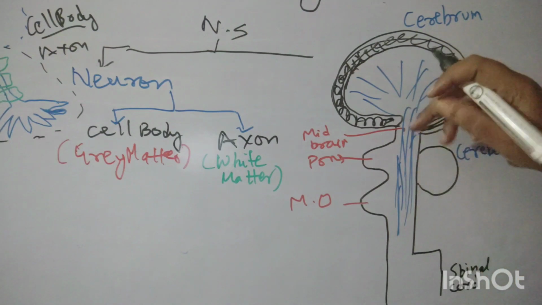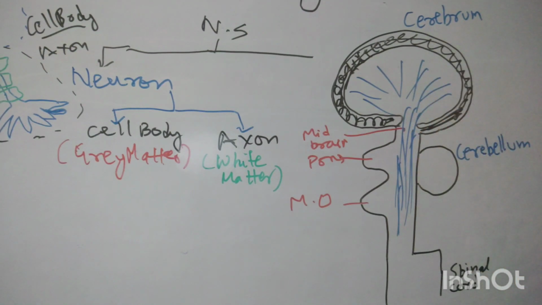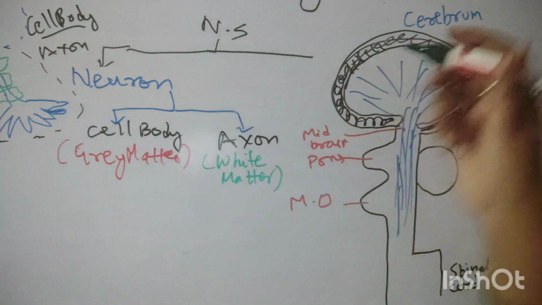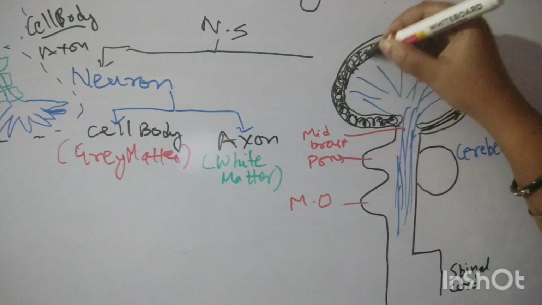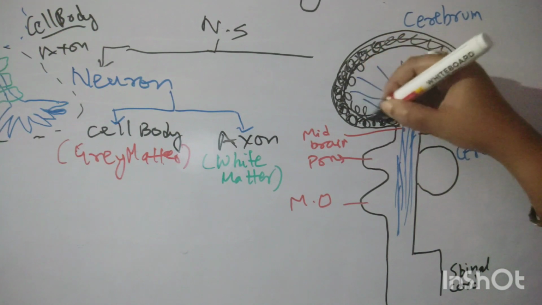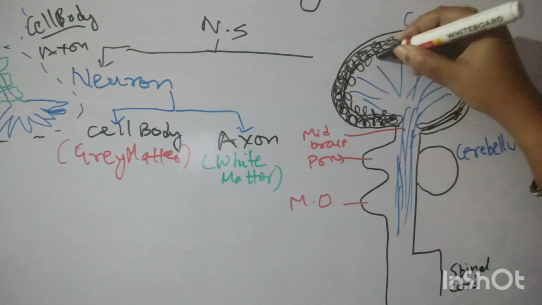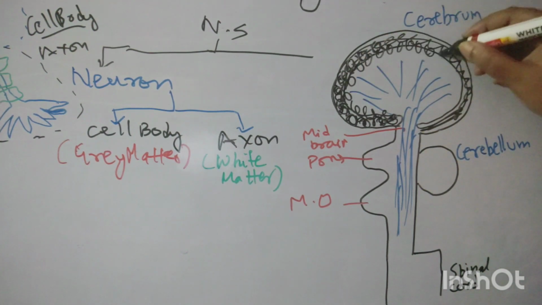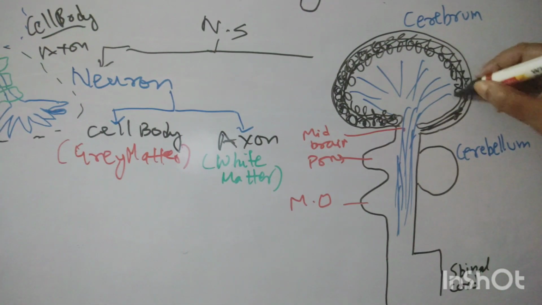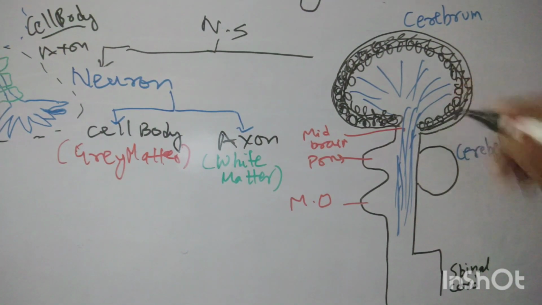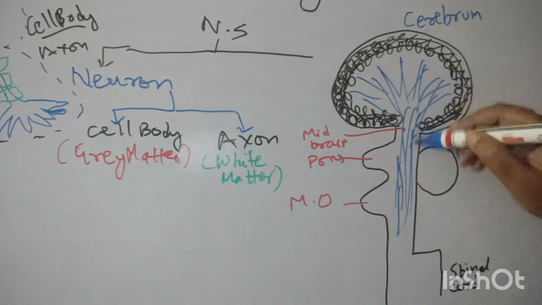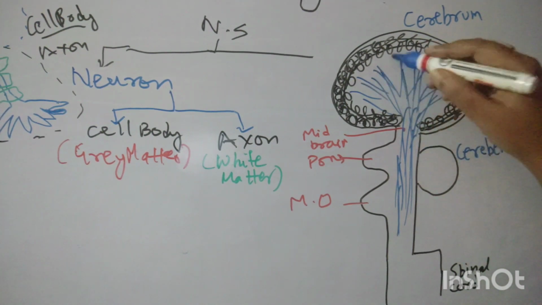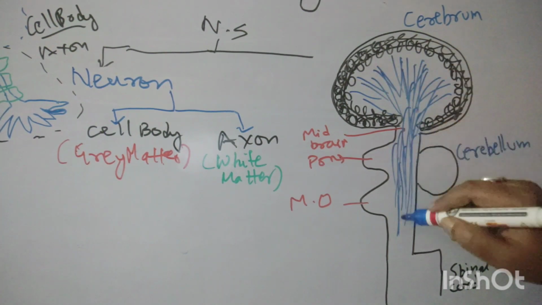We have seen that the cell bodies of the neurons are present like this. These are the cell bodies, and these are the axons. These are like fibers.